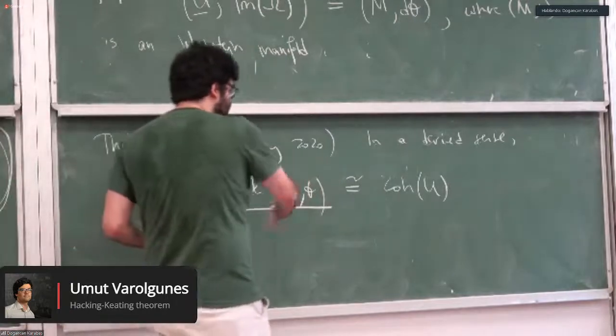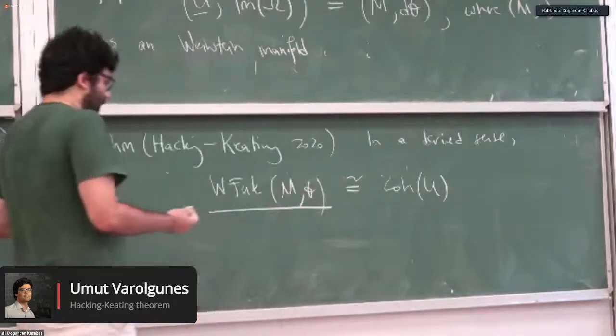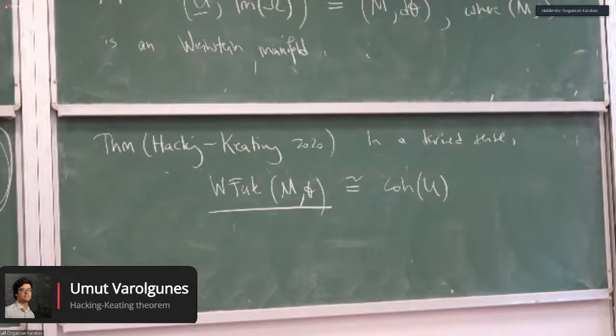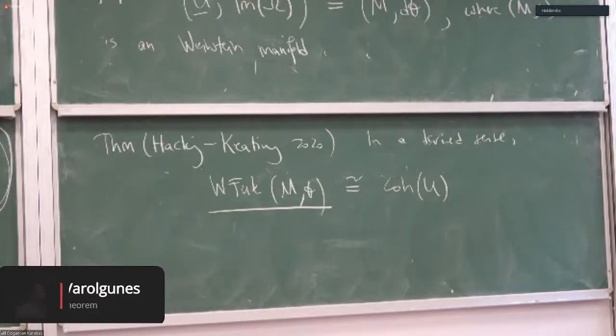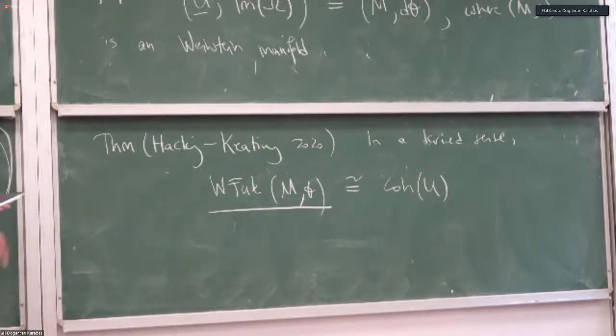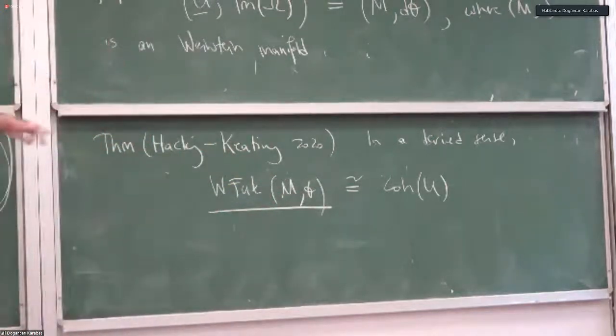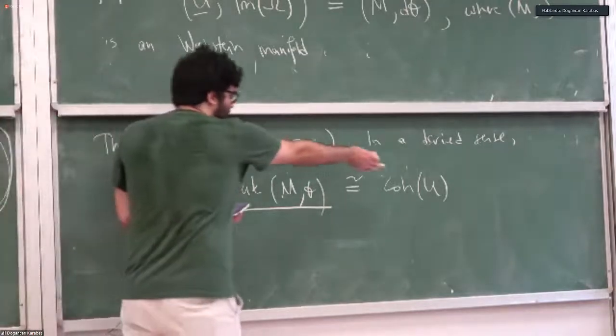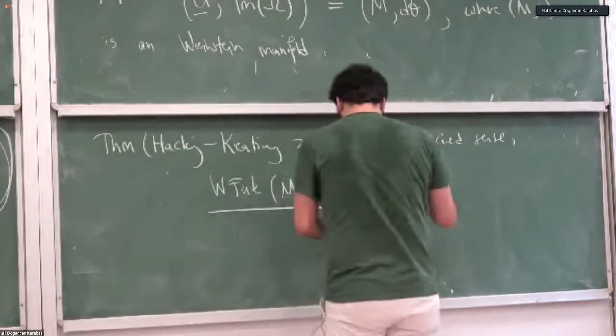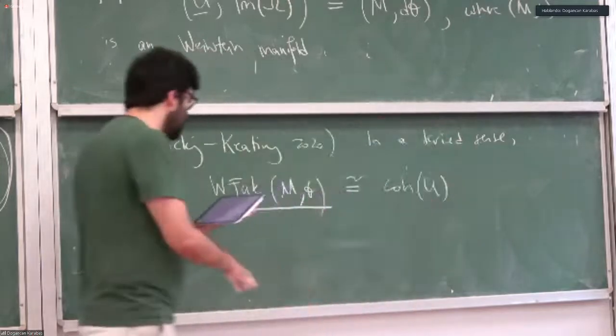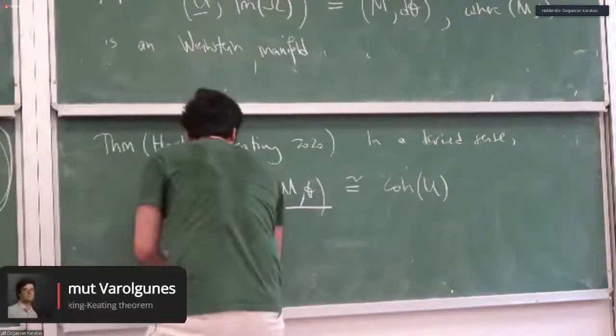The proof is very indirect, and it uses Lefschetz techniques and a lot of previous work. Keating is also a student of my advisor, and Paul Hacking is an expert on the other side.